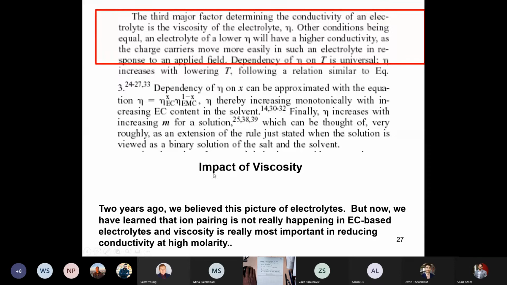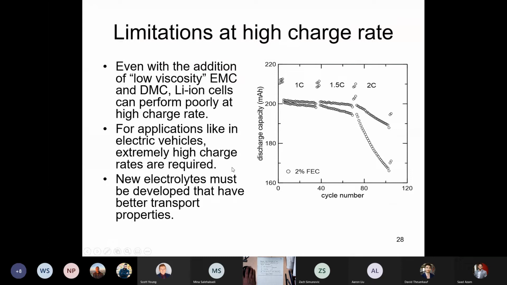Yeah, so I think we got this far, and maybe we started talking about this slide, which was the fact that if you want to have lithium-ion cells that can operate at high current density, which leads to a high charge rate or discharge rate, you have to use electrolytes with very high conductivity. So here's an example of an NMC graphite cell with fairly thick electrodes.